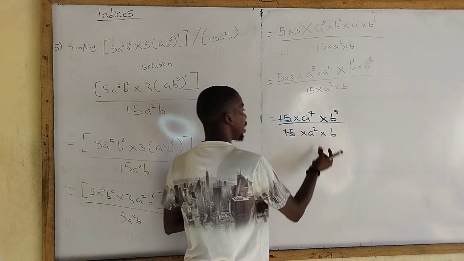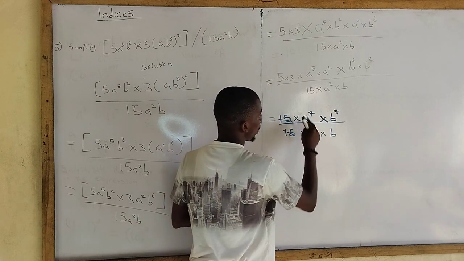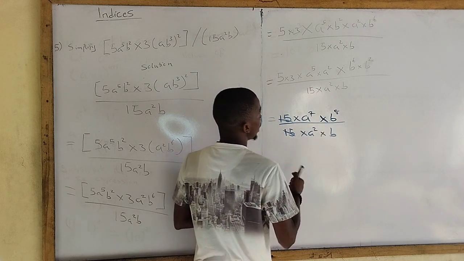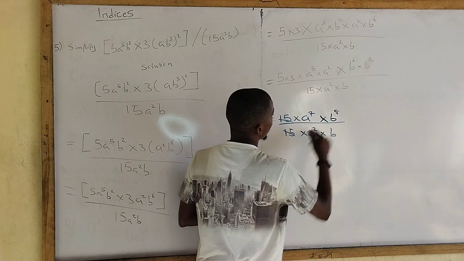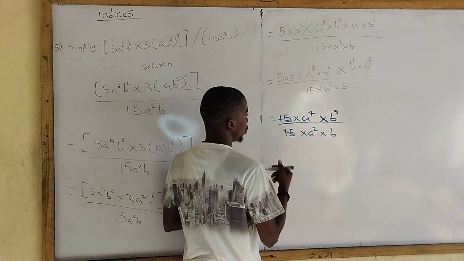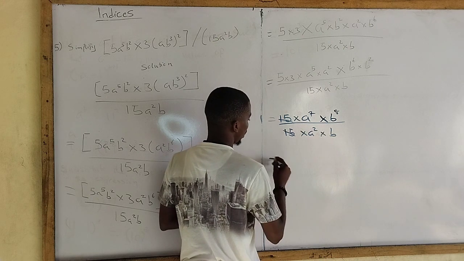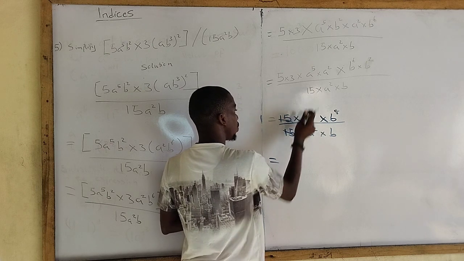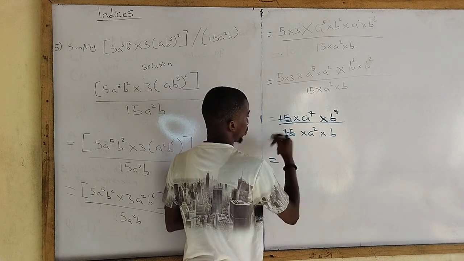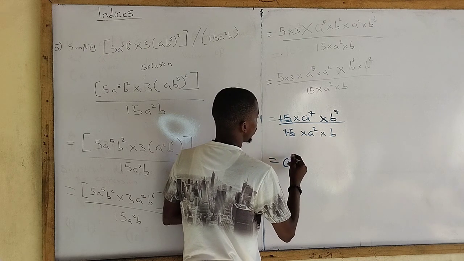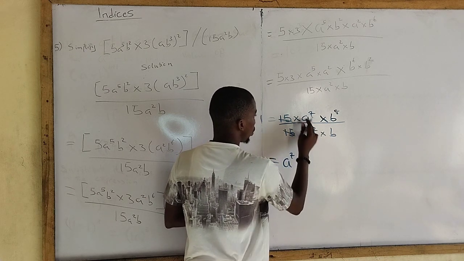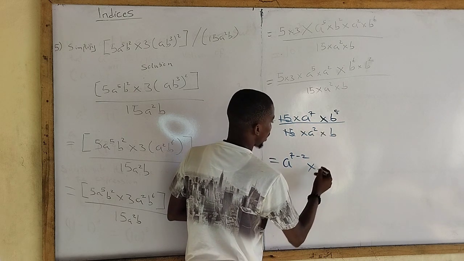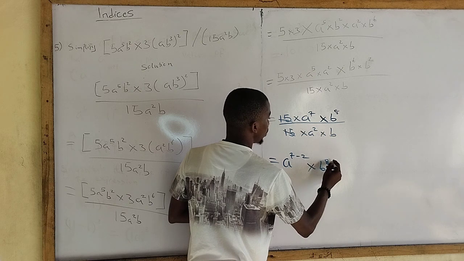Remember the division rule: when you have identical bases divided together like this, what do we do? We take them to a common base and subtract their powers. So a here will go up to meet here, but with a minus sign. So a 7, take it to a common base and subtract 2, times b 8 minus 1.